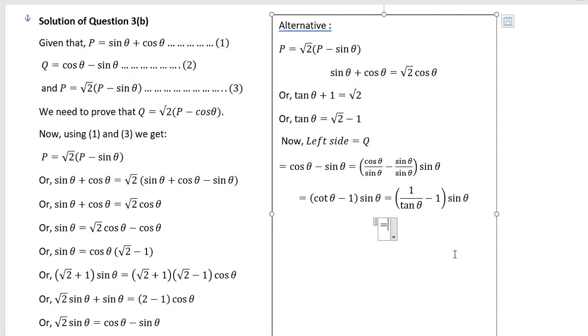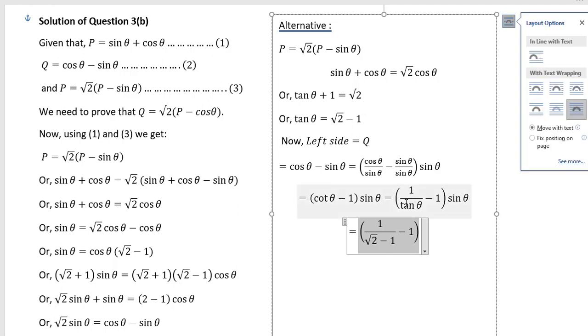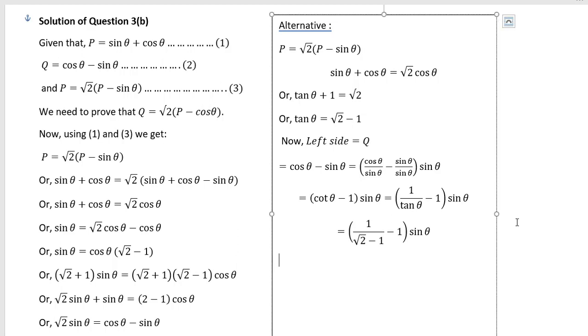Now what we have to do is 1 by root 2 minus 1, minus 1. That is, we have put the value of tan theta here, root 2 minus 1, and we have a sin theta from the beginning. Now we have root 2 minus 1 here, and we got 1 minus root 2 plus 1, as we took the sum of these two terms, and sin theta here.